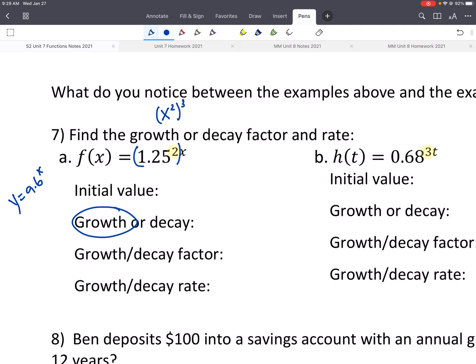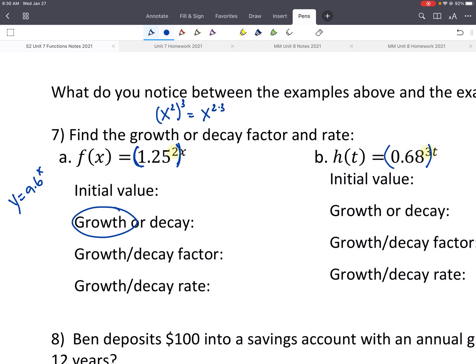And our rule was, if we have a power to a power, we were able to multiply them. So here we're basically doing the opposite. We're going backwards. We have 2 times x. So it's okay to just put parentheses around those and make it like a power to a power. So we're just going to put parentheses and leave the variable outside, and we're just going to evaluate what's inside.